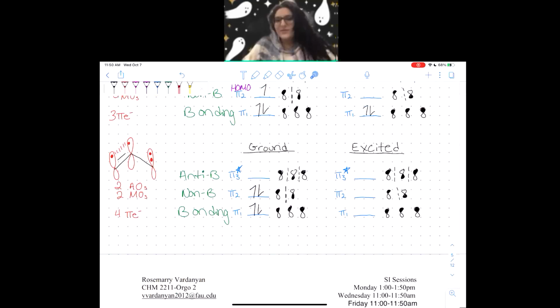Cool. So in the excited state, this bottom orbital is going to stay the same. 1 electron is going to stay here, and 1 is going to jump up here. And so we can call this the HOMO still, and this one the LUMO.